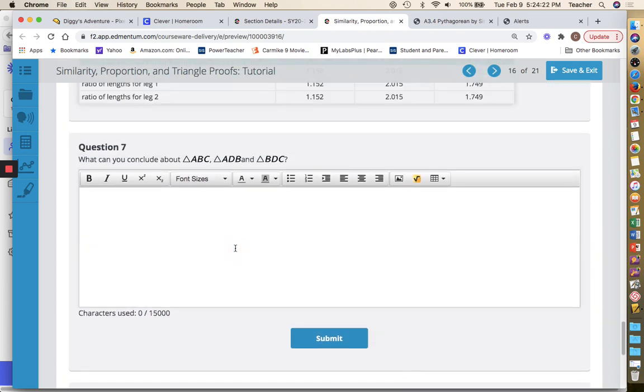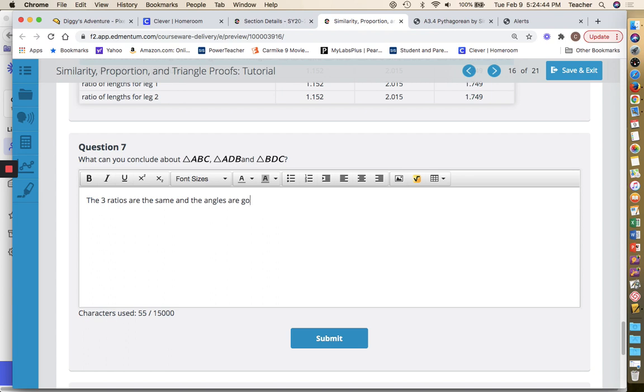Question 7. What can you conclude about triangle ABC, ADB, and BDC? Well, they are all similar triangles. The three ratios are the same. And we've already decided the angles are congruent.